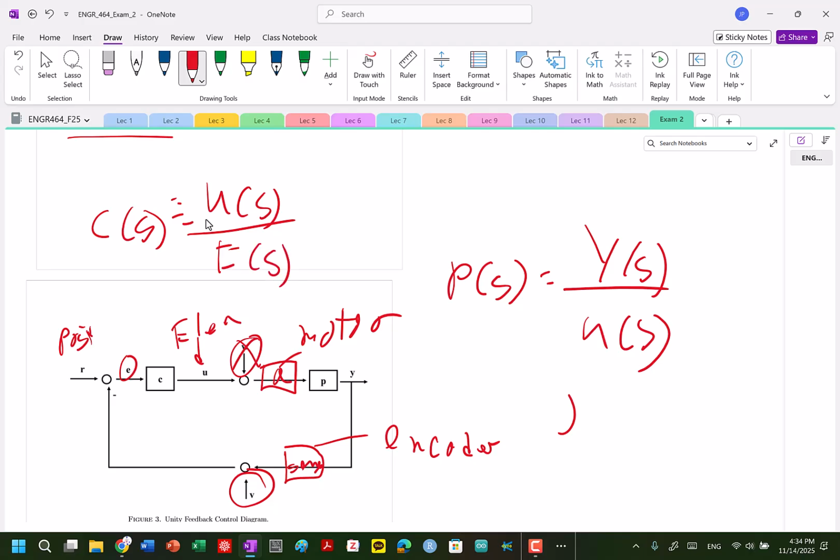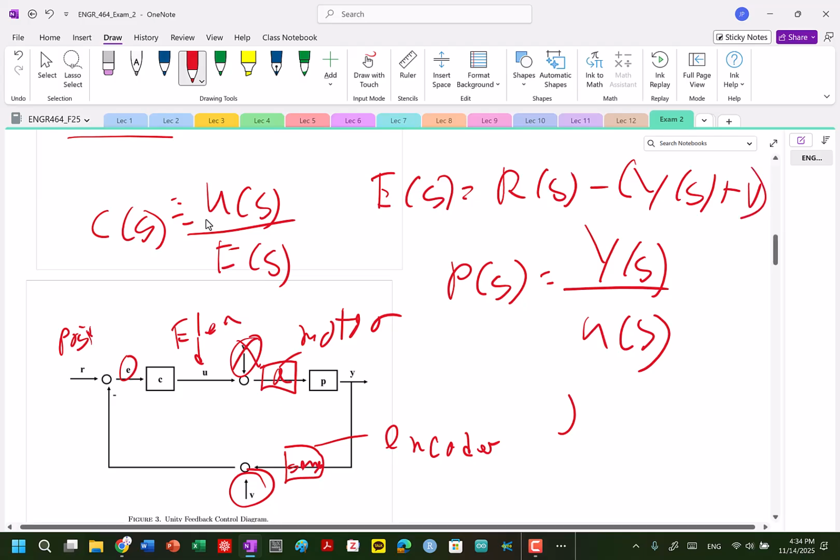And my e of s is equal to r of s minus my y of s plus my v, because there is some noise in this system. You can rearrange those functions and write out your full plant.